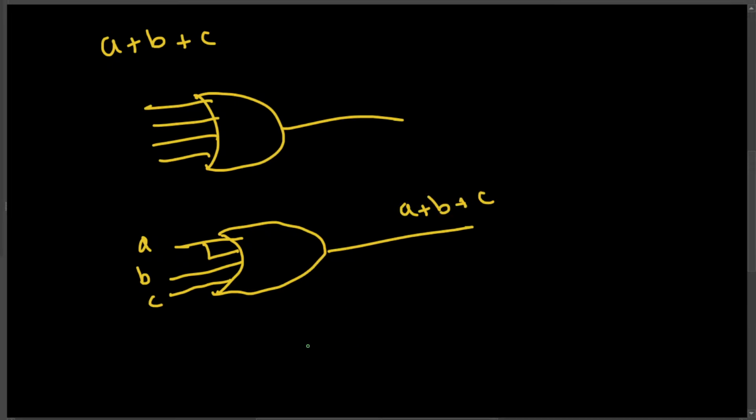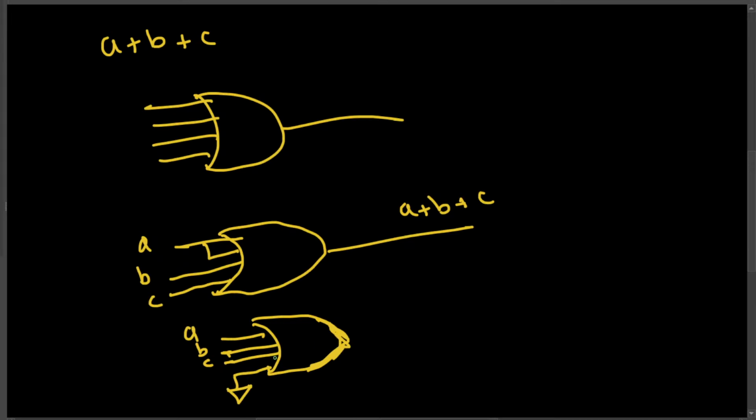Or you can do another thing, that is you can take the first 3 of these and input A and B and C, and you can connect one to the ground. When you connect to the ground, it's going to be 0, but 0 doesn't affect the OR gate. In an OR gate, if you look at the table, if you have 0, 1, the answer is still going to be 1.